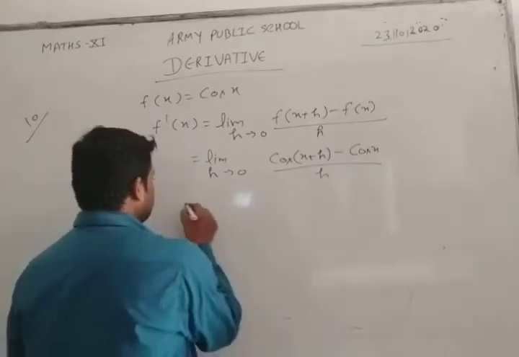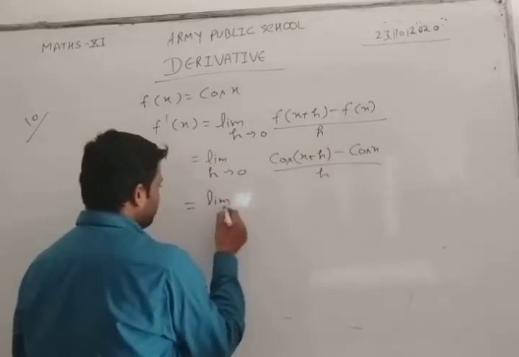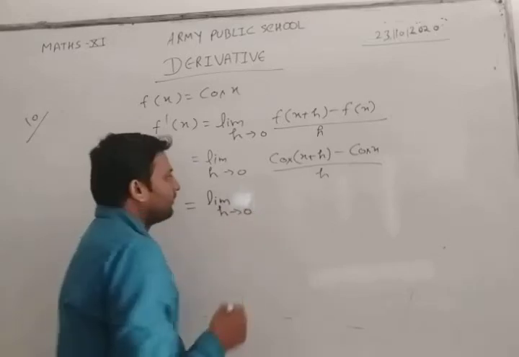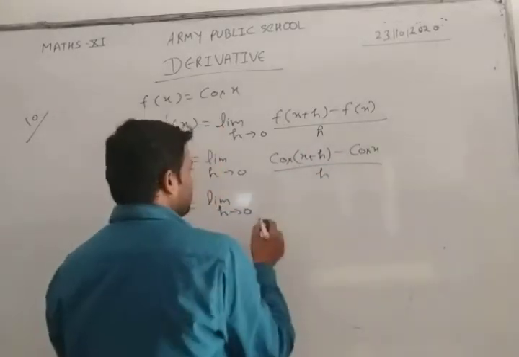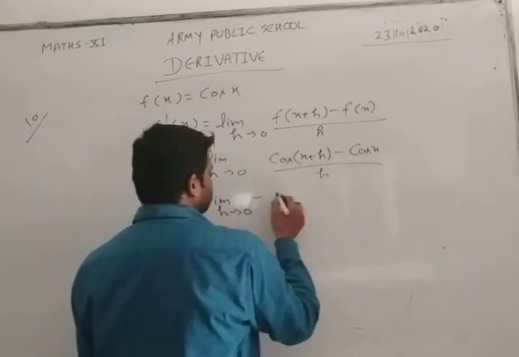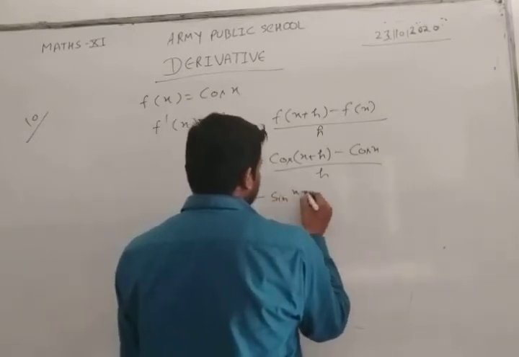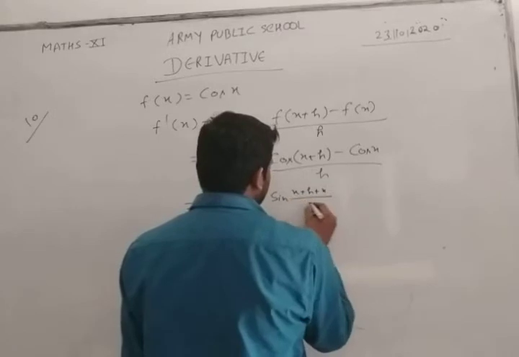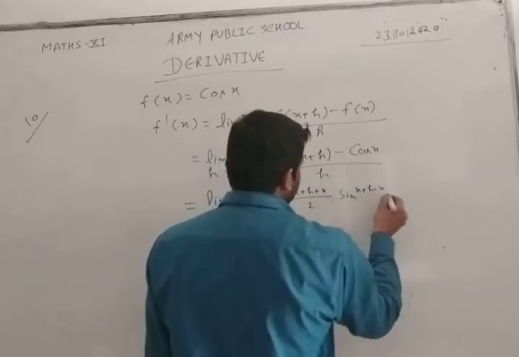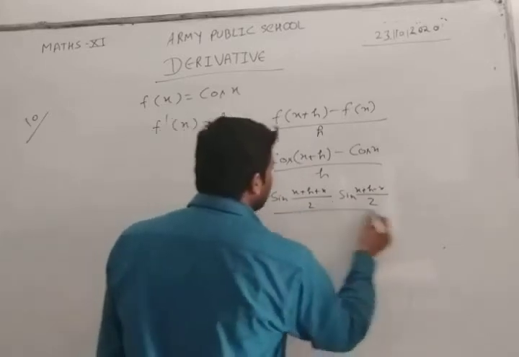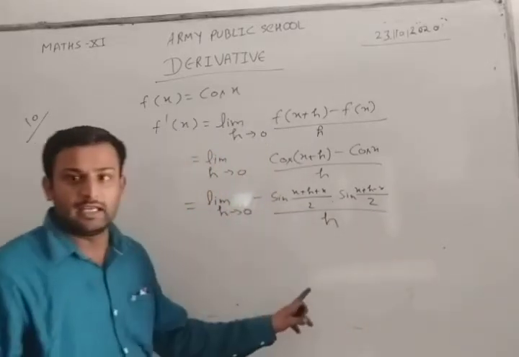So limit h tends to 0, cos C minus cos D. The formula of cos C minus cos D is minus sin (C+D)/2 into sin (C-D)/2, divided by h.